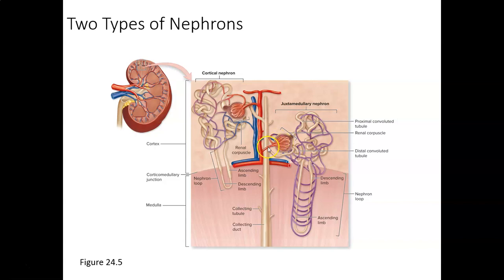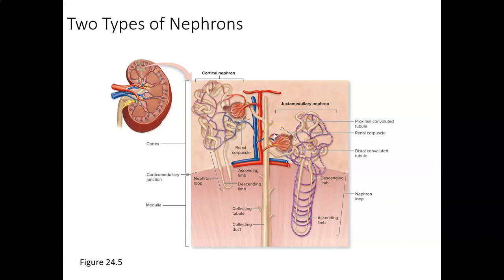This is formed by arterioles. You have an afferent arteriole feeding this capillary, and coming out of the capillary bed is also an arteriole, called the efferent arteriole because it flows out.